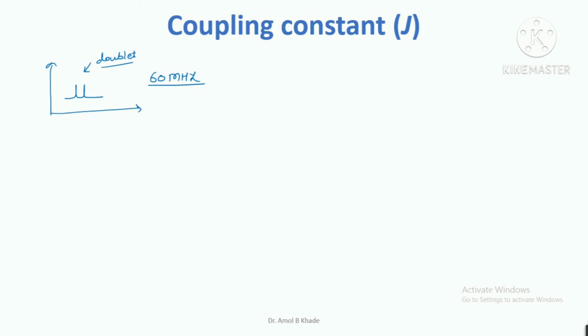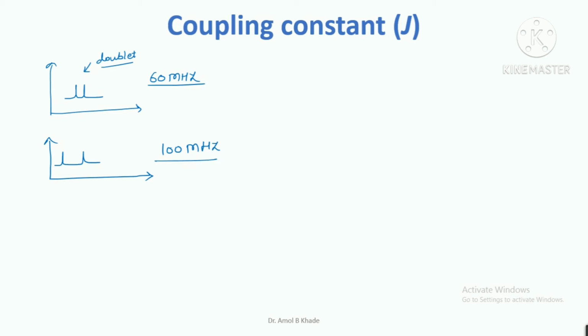Now consider I am recording the same sample with 100 megahertz. In that case, I should get the same doublet. But what is happening here, you can see, if I record the same sample at higher megahertz, the distance between these two lines, which were looking like a doublet, has increased.